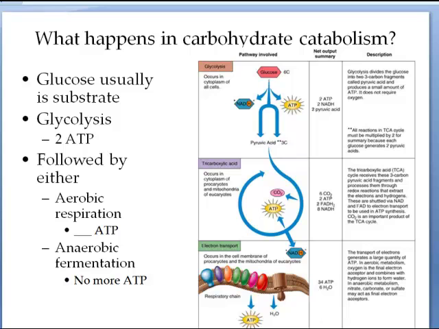Now let's look at the metabolic pathway that is shown up here. In this metabolic pathway, glucose is shown as a substrate.